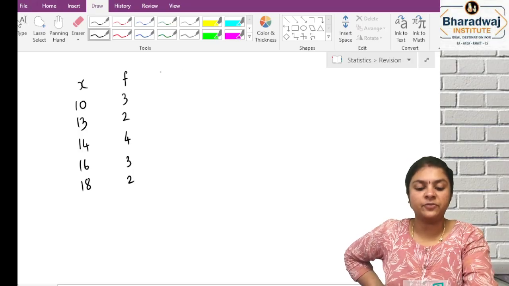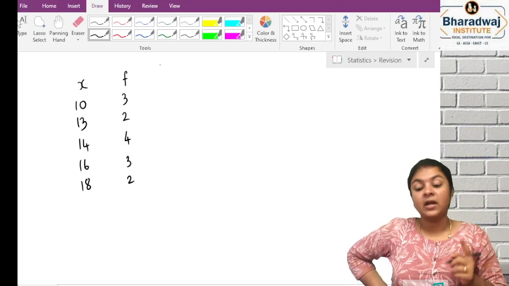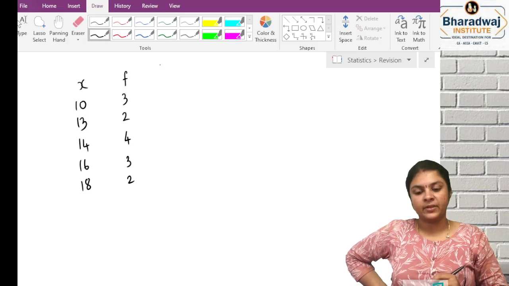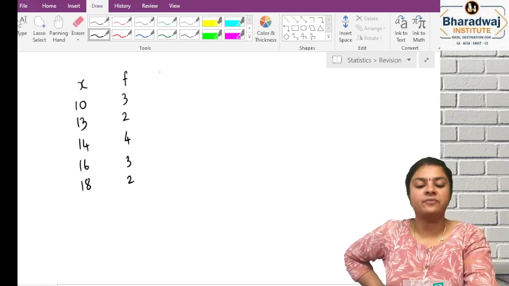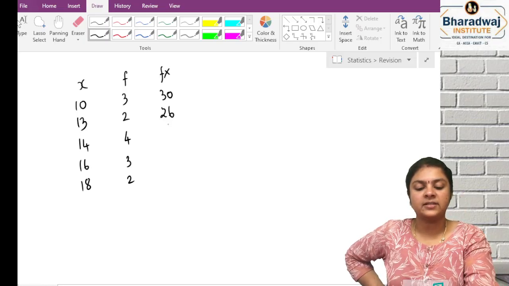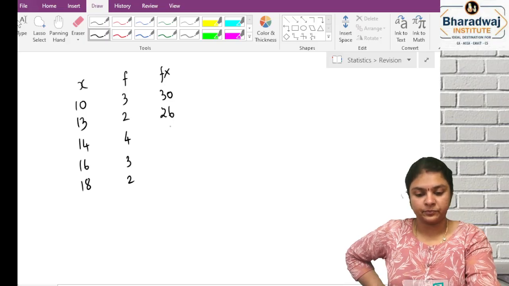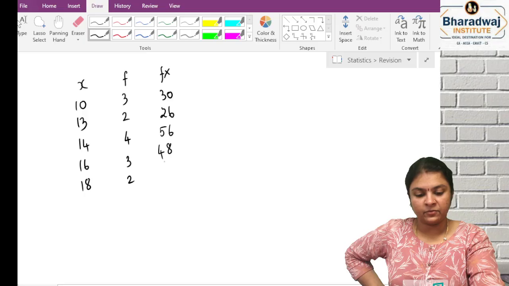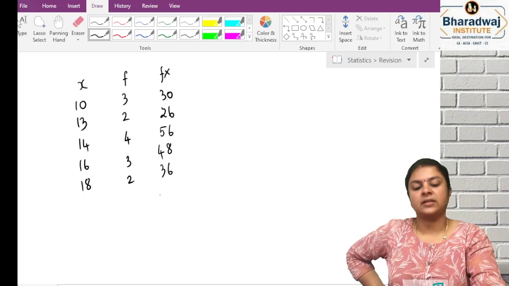Now first we need to find x bar. For x bar for a frequency distribution, what formula will we use? Sigma fx by sigma f. So find fx: 30, 26, 56, 48 and 36.